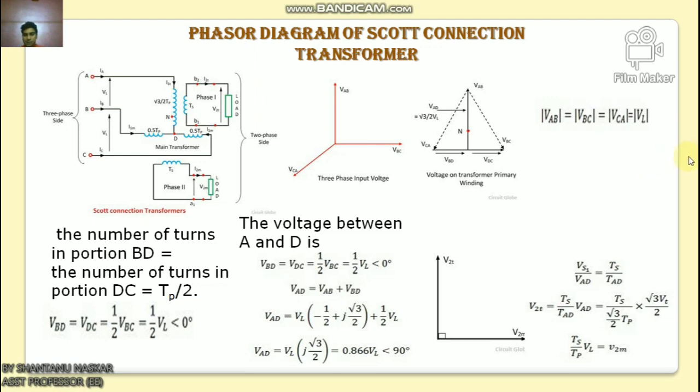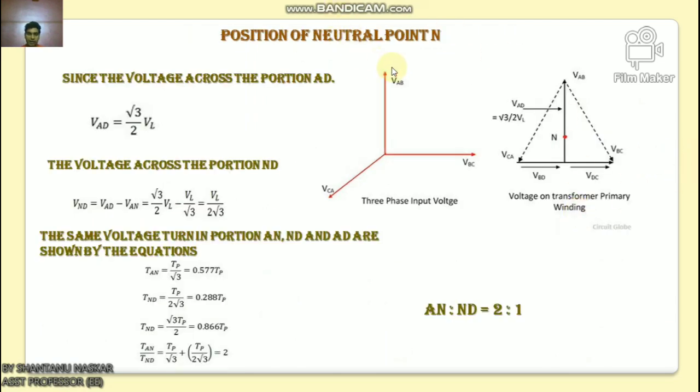Now I will discuss the position of neutral point N. The primaries of the two transformers may have a 4-wire connection to a 3-phase supply if the tapping N is provided on the primary of the teaser transformer such that the voltage across AN, VAN, equals the phase voltage, which equals VL by root 3.